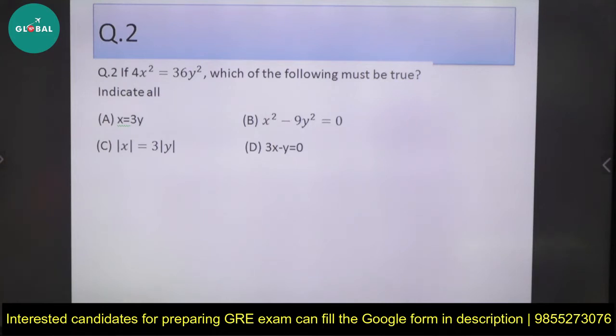Just pause the video and solve this problem, then watch my solution and match your answer.